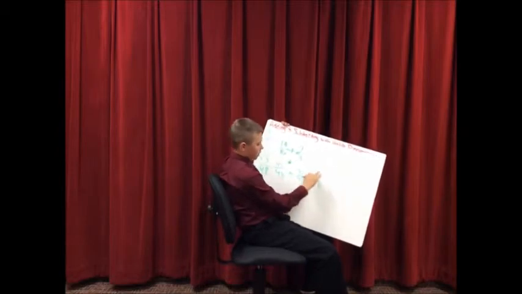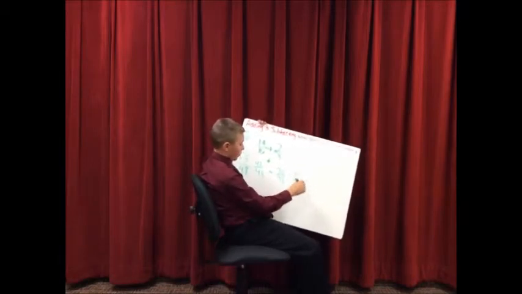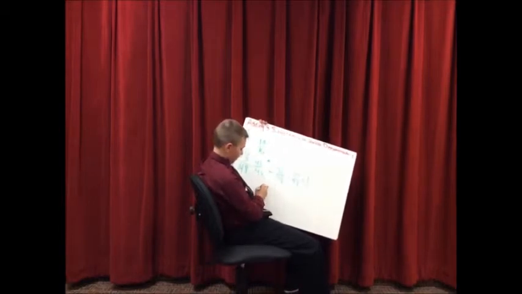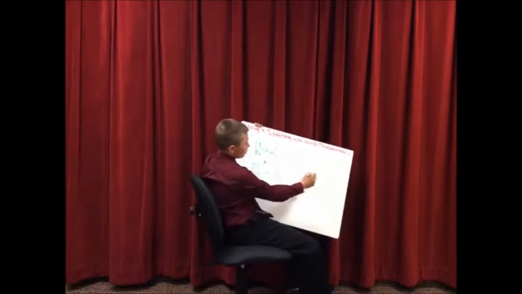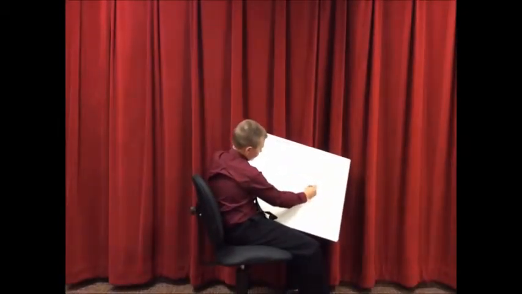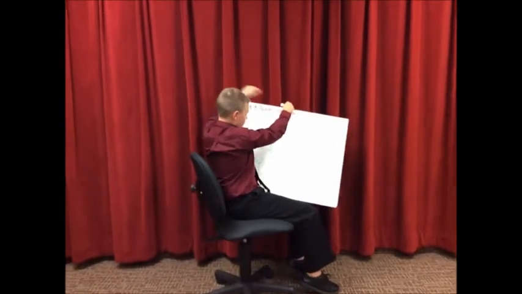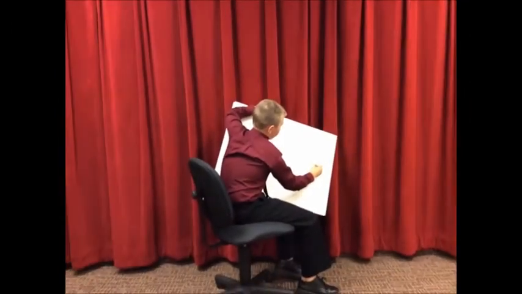And then that's your improper fraction, and then you can also make it a mixed number. 48 goes into 74 one time. 74 minus 48 is 26, so it's 26 over 48, and then when you simplify that, it's 1 13 over 24.